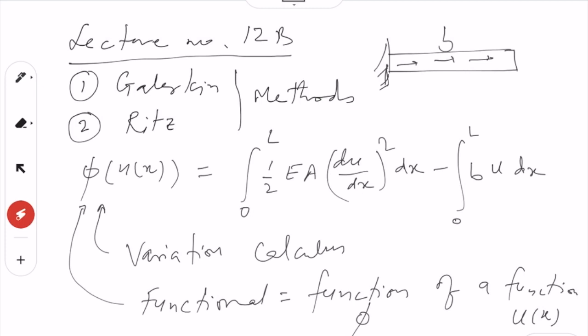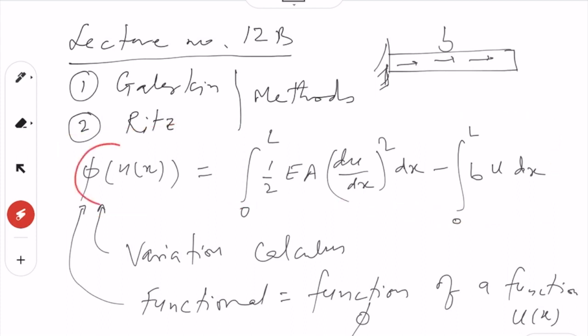So in variational calculus, boundary value problems can be represented as this functional, and the solution is the u which minimizes this functional. This is the same as saying that you minimize the potential energy to get u. There is no difference, it is the same thing. Only when you say potential energy, this is true only for a stress analysis problem.